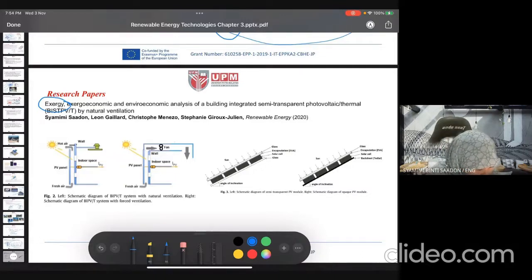The figure here is like just now, but it explains better how the BIPVT system works with natural ventilation, and the other one with forced ventilation, as I mentioned just now. For the natural one, the fresh air will enter the thermal collector, the air gap.